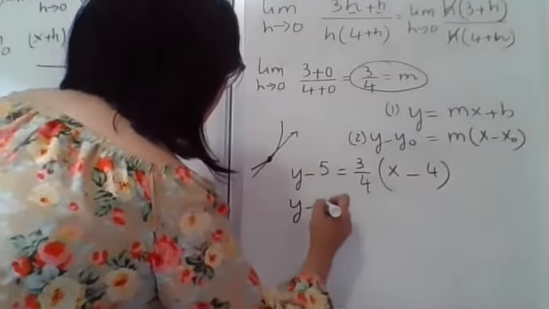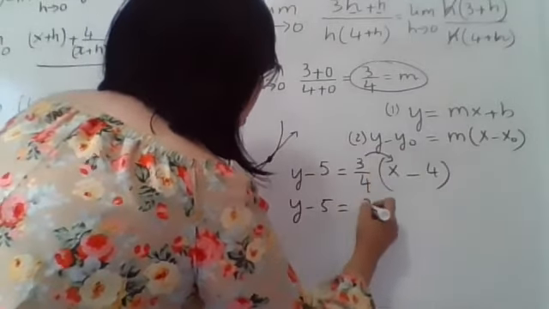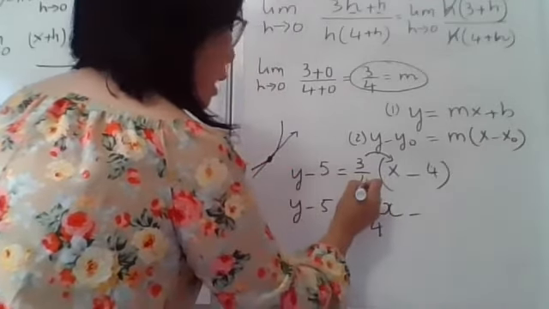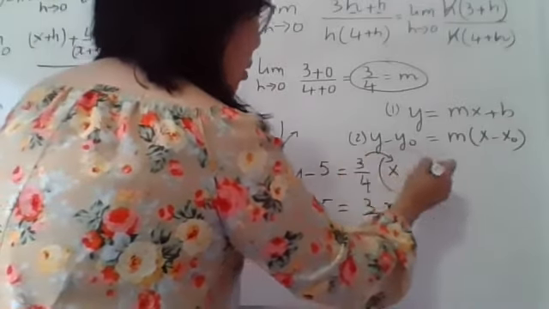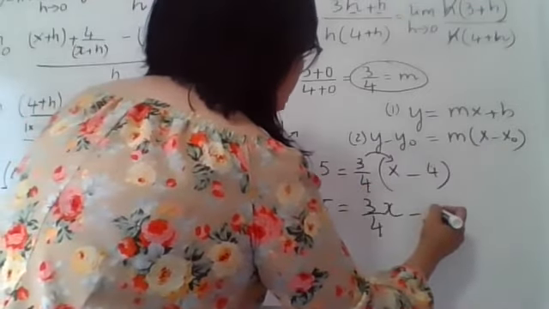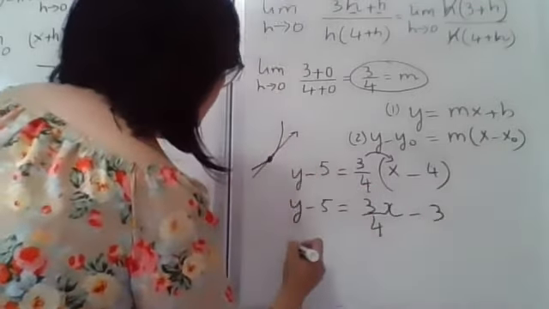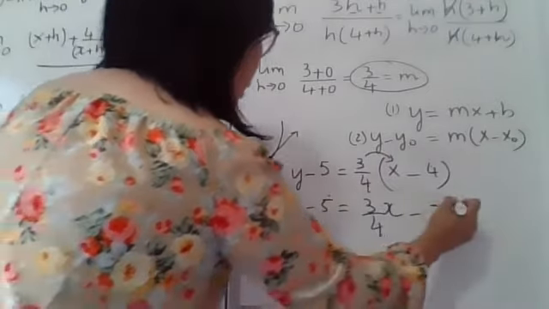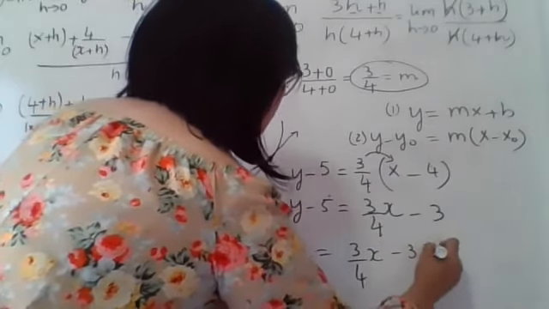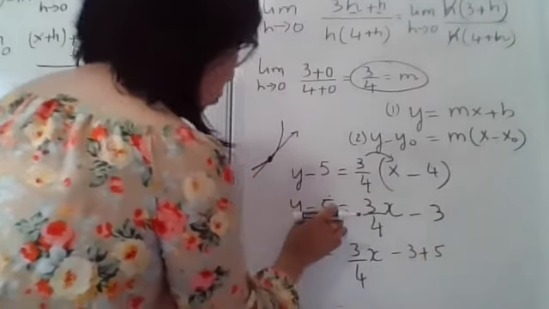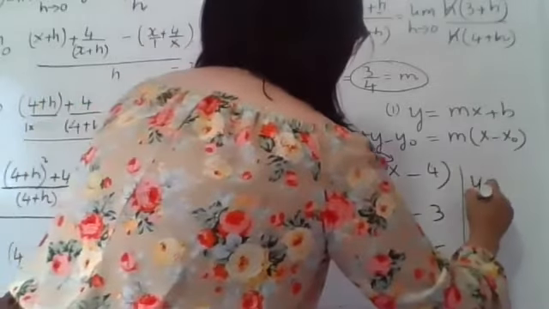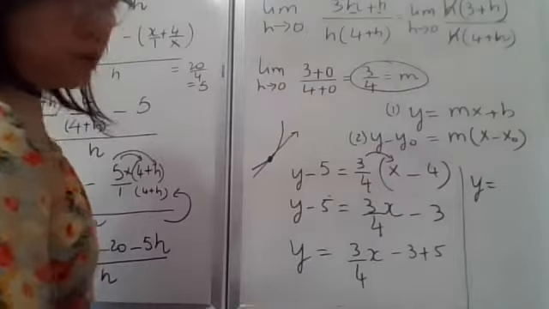So this becomes y minus 5 equals, distributing here, 3 over 4 x minus, cancel the 4 with the 4 down here, and multiply the 3, or you can multiply 3 times 4, 12 divided by 4 is 3. So now simplify further, you're going to move the 5, kick the 5 over. So you have 3 over 4 x minus 3, and minus 5 becomes plus 5 when you move this number over. So your equation now will become y equals, you see the board?